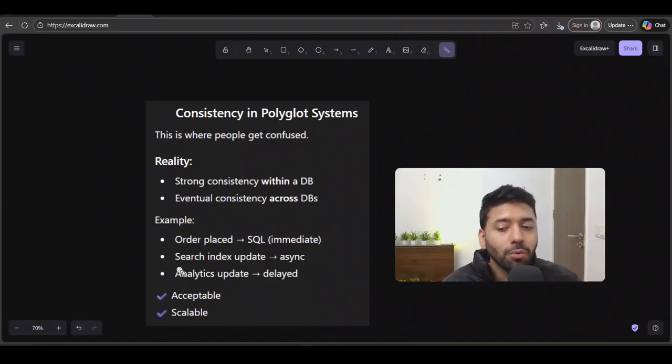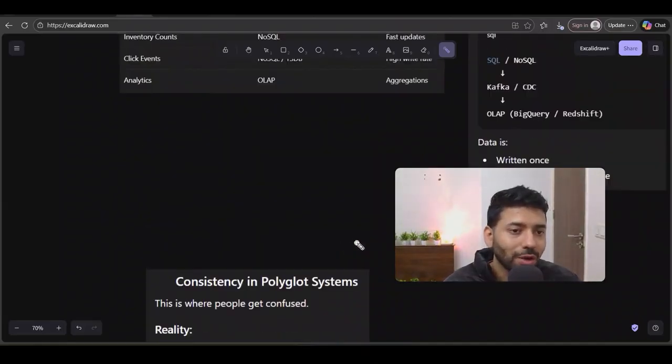But when we talk about search index update, that would be asynchronous because that is part of the OLAP, the search DB. So that would happen in some time. In that way there is eventual consistency between the databases, but in the database where the transaction happened, there will be strong consistency.